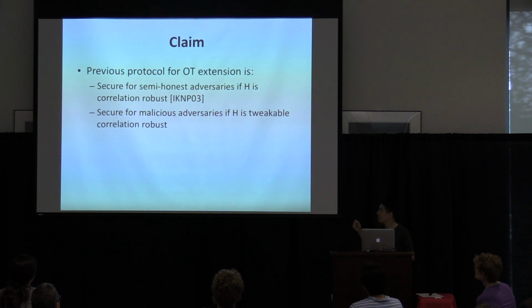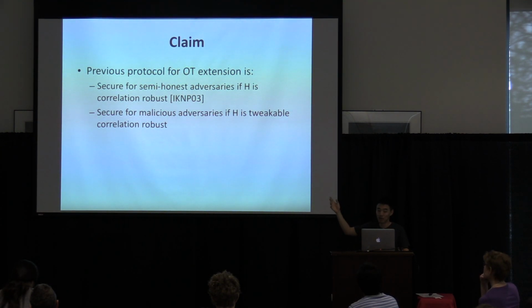For the OT extension that is secure against semi-honest adversaries, we already know that if H is correlation robust, then it's a secure protocol. But for the malicious case, we showed that if we just replace H by a tweakable correlation robust hash function, then we can prove security in the malicious setting.